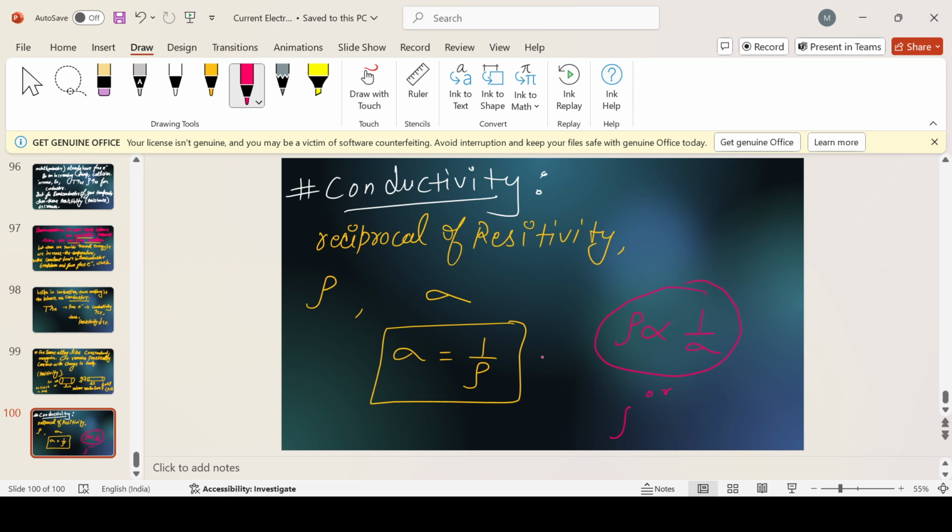Because one is the conductivity and another is the resistivity. One will stop the flow of electrons, one will allow the flow of electrons.